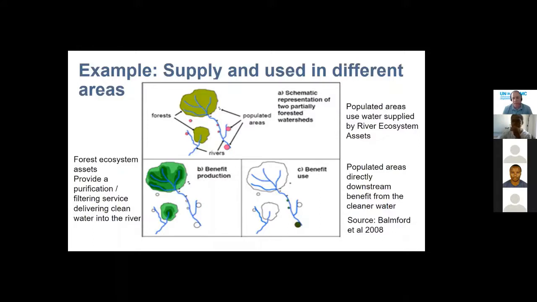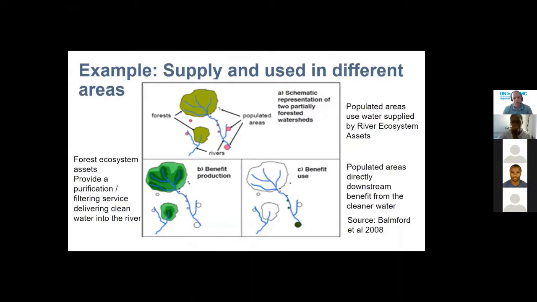In the top panel here, we see these pink populated areas that are using water supplied by this river ecosystem asset. And then we've got forests upstream of that. In the bottom left B panel here, we can see that these forest ecosystem assets are providing a purification or filtering service that's delivering cleaner water into the river.